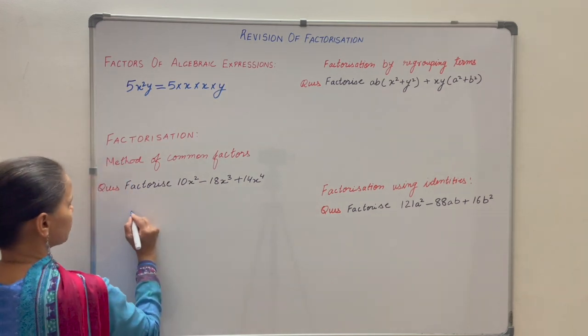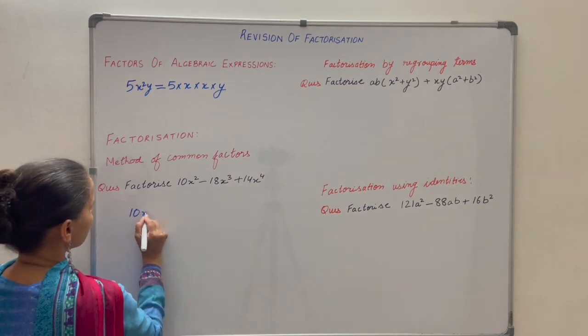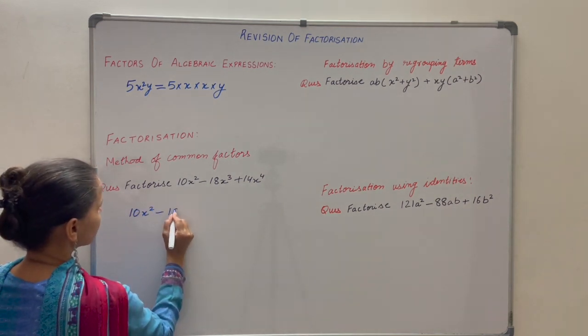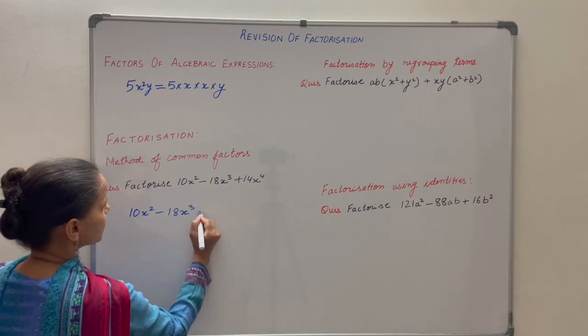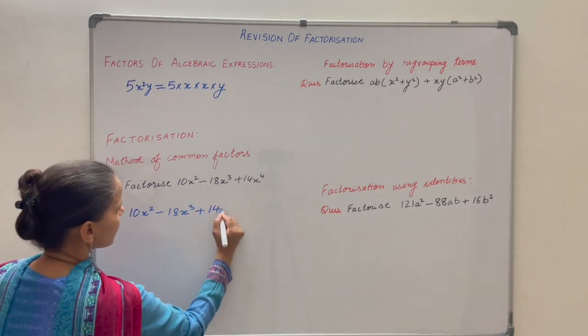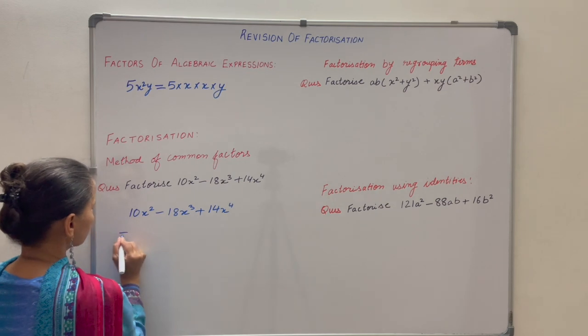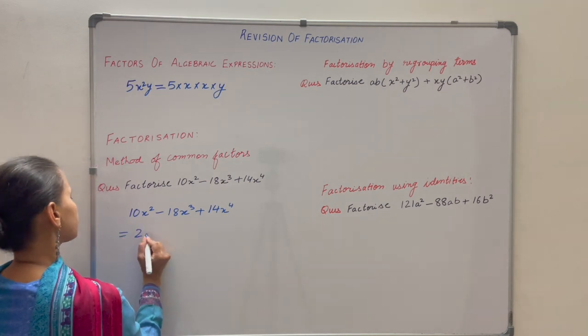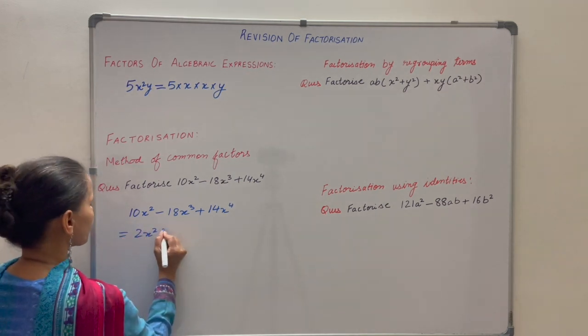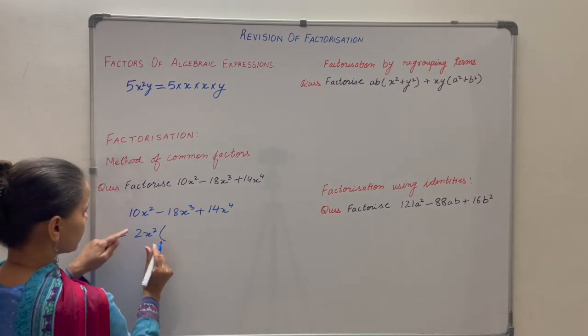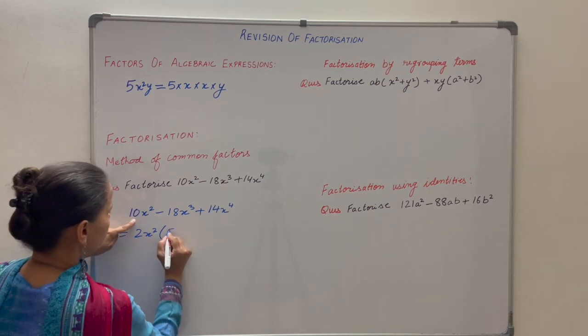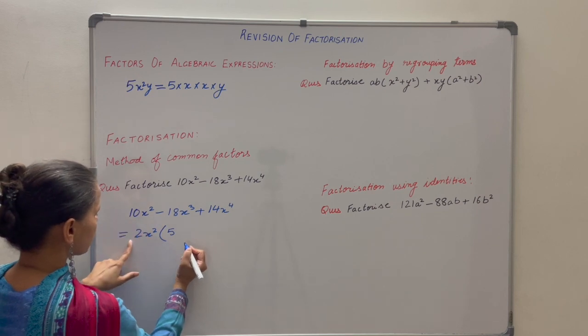So let us write down the question first. It is 10x square minus 18x cube plus 14x raised to the power 4. As we have just discussed, we can take 2x square as common. So what is left here if you take 2x square common? 5. Here it is minus, here it is plus.